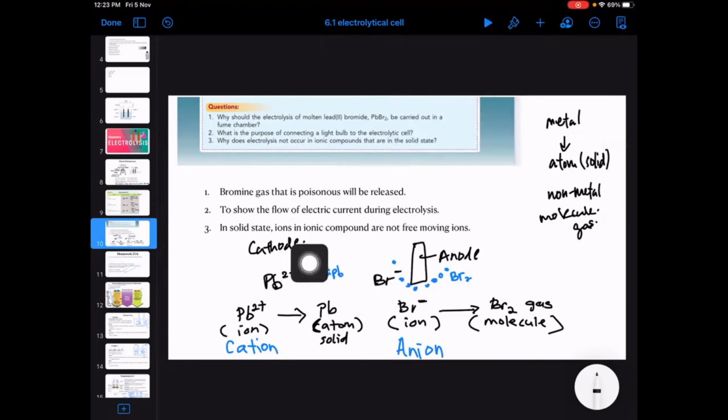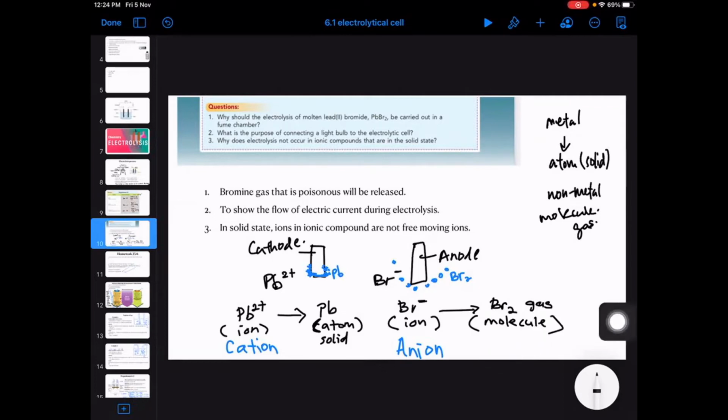At the cathode, the lead ion will discharge to become lead. It's an atom, and it's a solid. So you will see lead stick to the cathode. Then the bromide ion is a non-metal, so it will also discharge and form bromine. It cannot form an ion, it can only form a molecule. So Br2, and it's a gas, bromine gas.